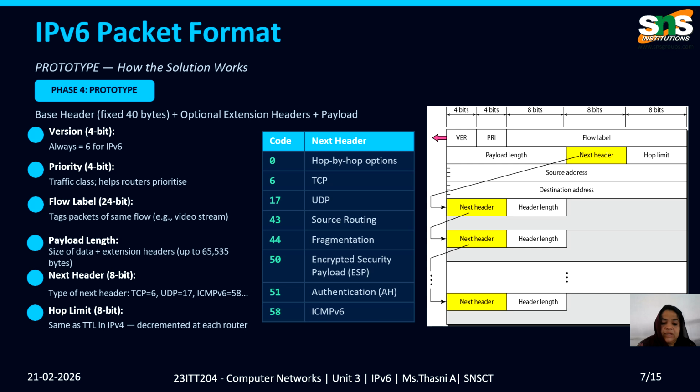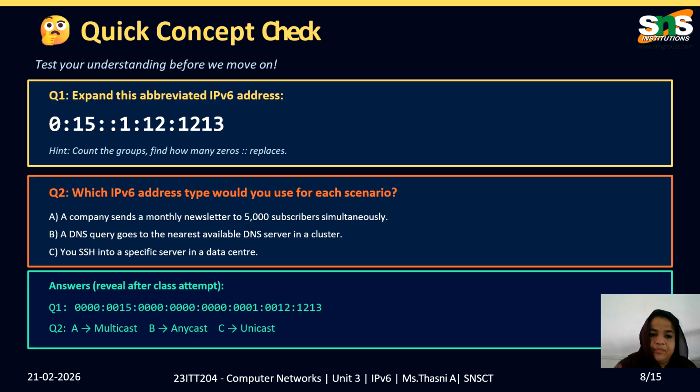The payload length is the size of data plus extension headers, up to 65,535 bytes. The next header is 8 bits, the type of the next header: TCP 6, UDP 17, ICMPv6. The hop limit is 8 bits, same as TTL in IPv4, decremented at each router.